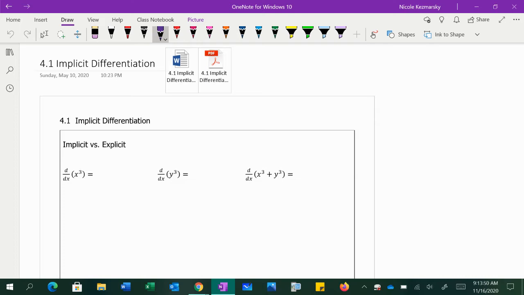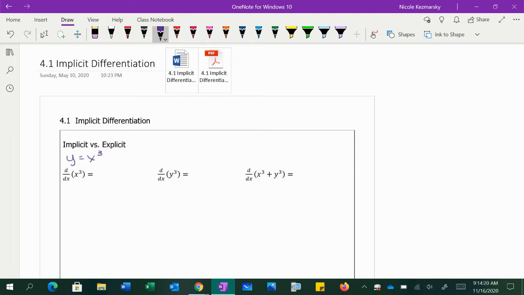Implicit functions means that we have either y's on both sides of the equal sign or x's and y's mixed in together on the same side of an equal sign. So for the first example, one might write this as y equals x cubed. This is an explicitly defined function because it's y equals, and on the other side we only have x.